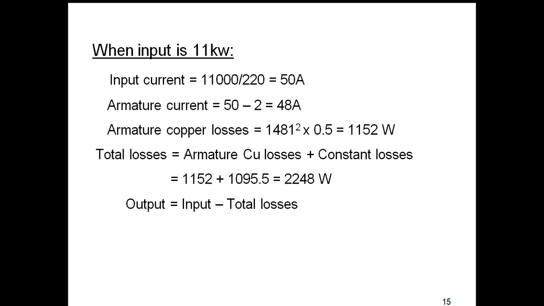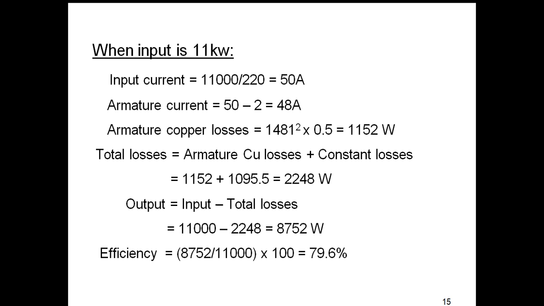And we know the input and we also know the total losses. So from this we can find the output, and the formula for output is equal to input minus total losses. If we substitute these values, we get 8752 watts.